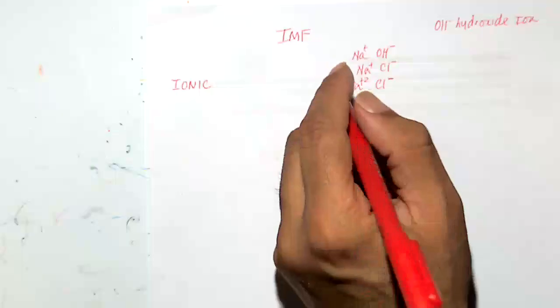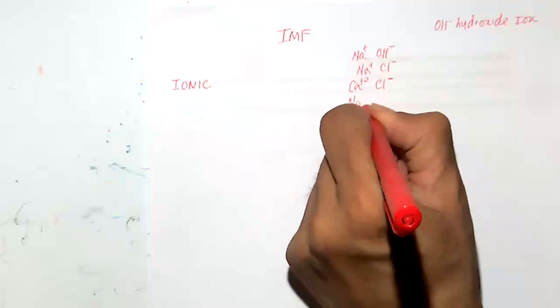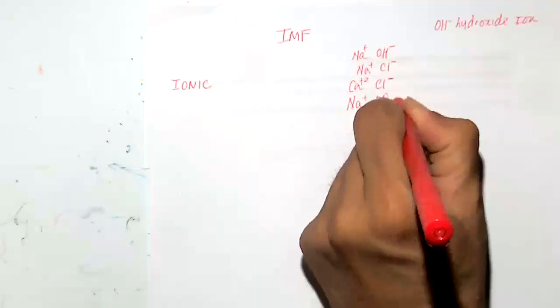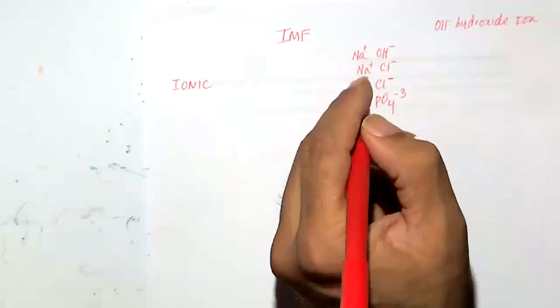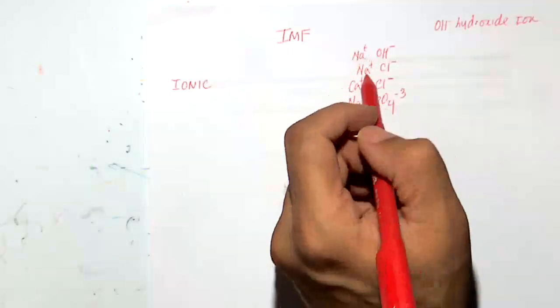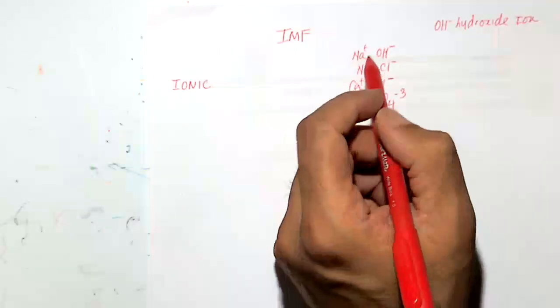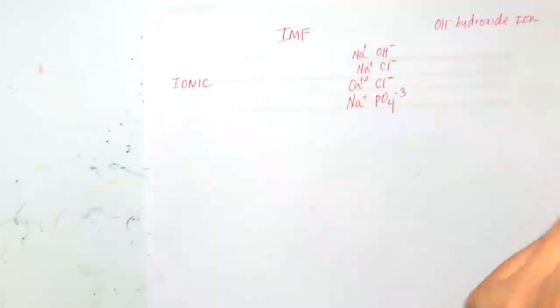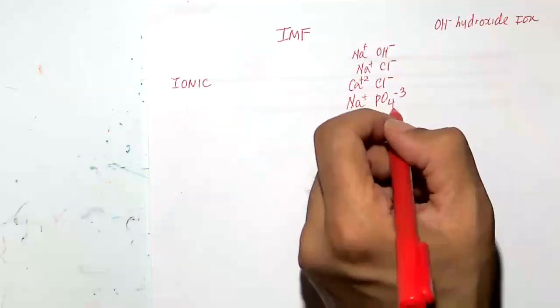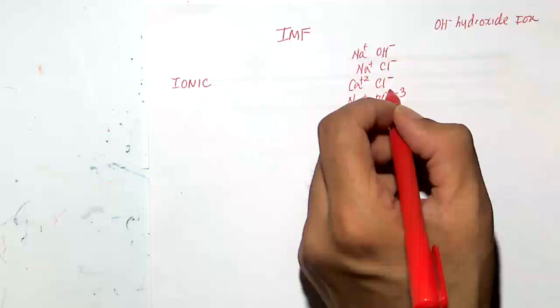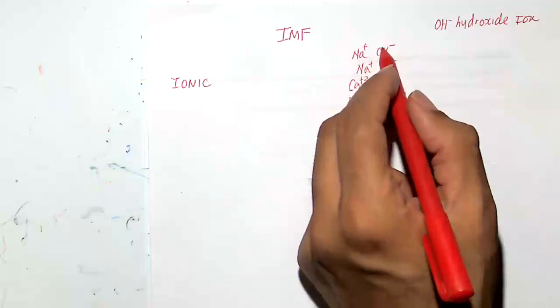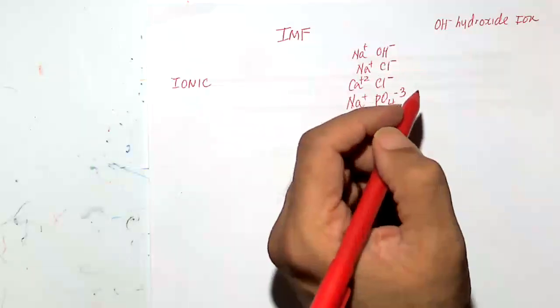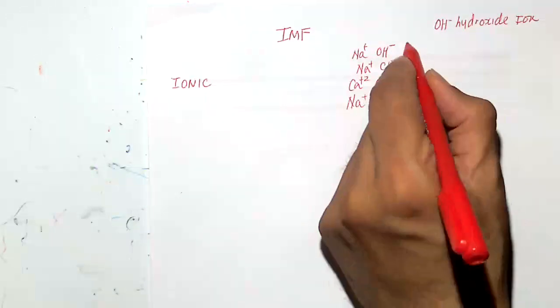What about sodium phosphate? Is that ionic? Yes or no? Anything that has a positive ion interacts with a negative ion. Phosphate is PO4 minus 3. Chloride is Cl minus. Hydroxide is OH minus.